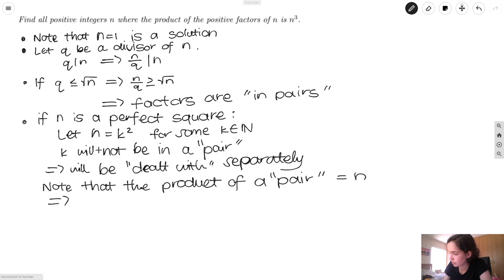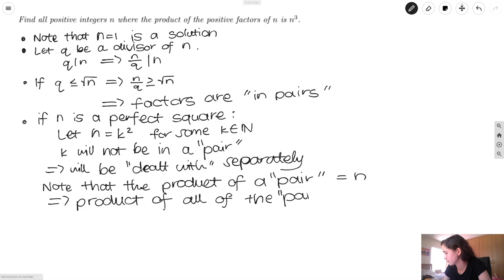This means that the product of all the pairs will be a multiple of n, or more specifically, n to the power of something.